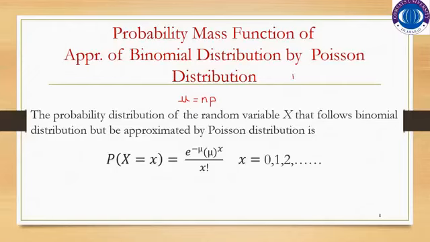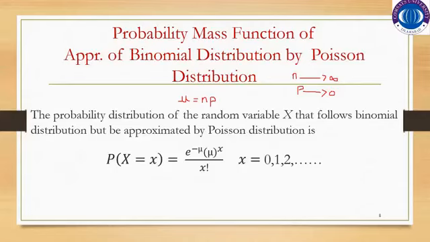As we see, n becomes very large, meaning the number of trials is increasing, and p is very small, meaning the probability of success is very small. So the chance of the outcome of our interest in an experiment is very low.